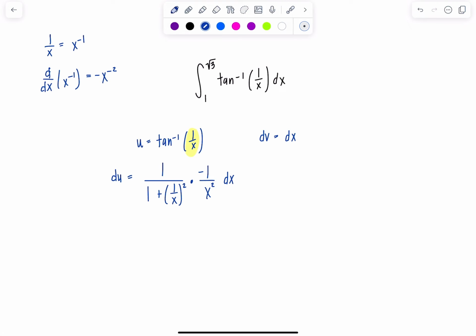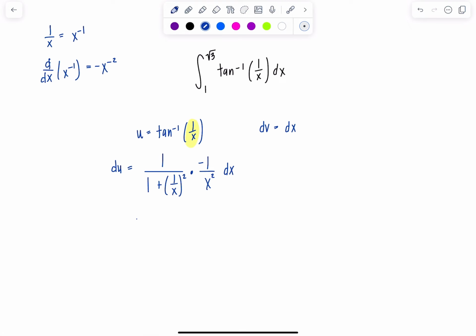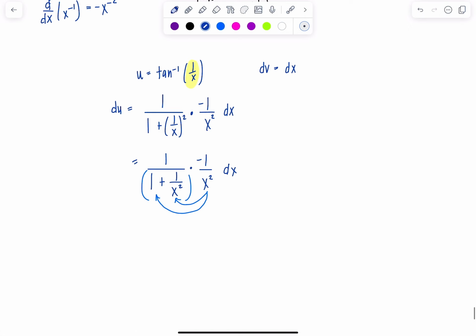Okay, let's clean this up a wee bit more. So this is going to be 1 over 1 plus 1 over x squared, and this is getting multiplied by negative 1 over x squared dx. Now watch, I can take this x squared and distribute it to both terms in the denominator, and that will clean up the improper fraction that I have going on.